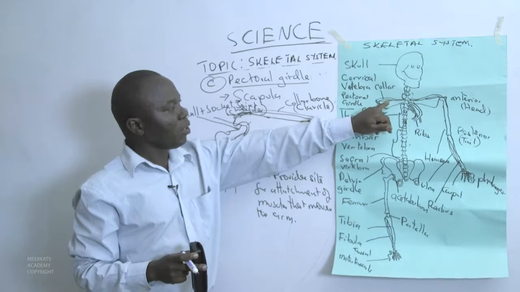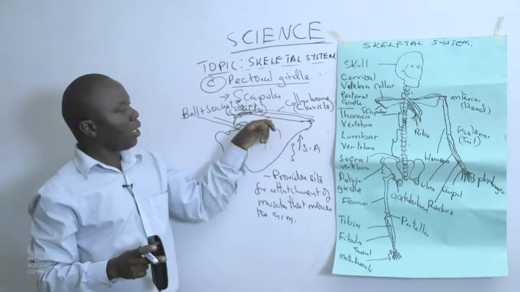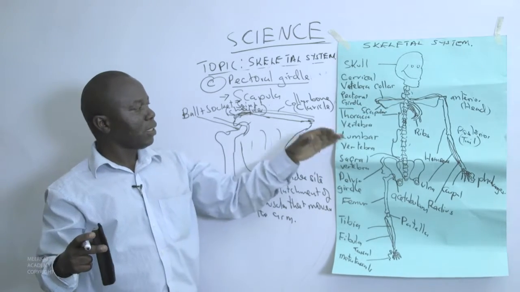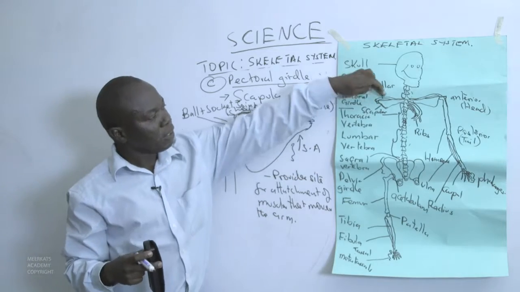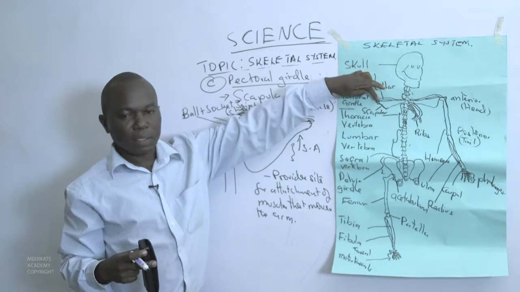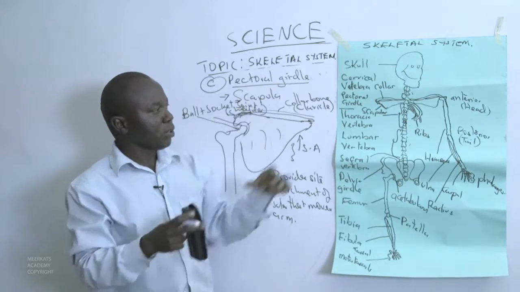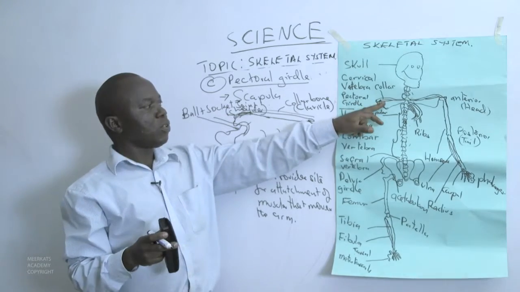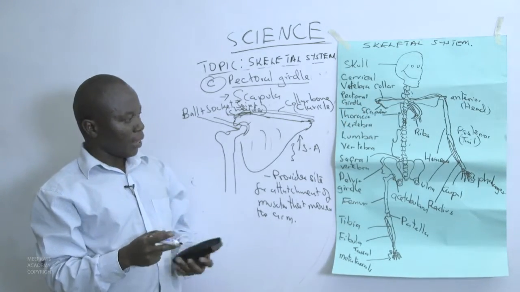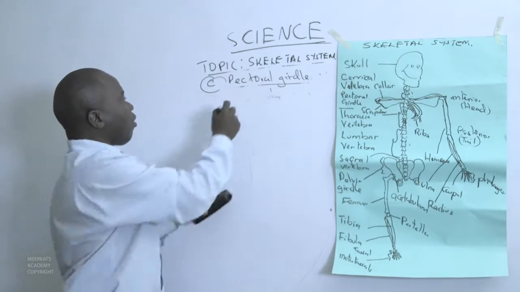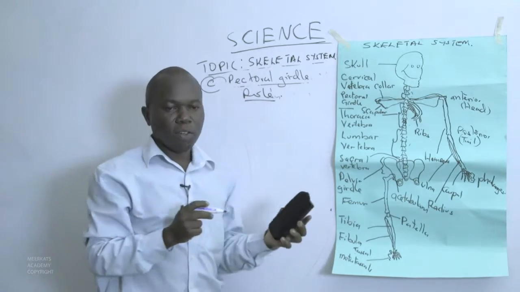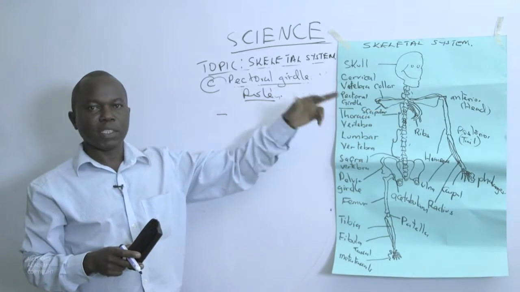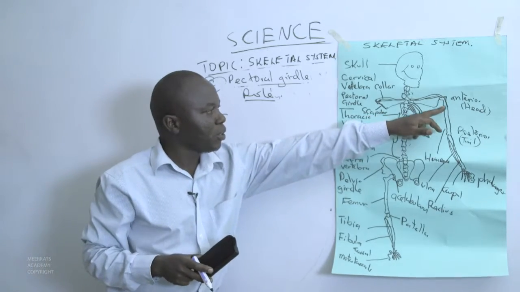The role of clavicle bone is to hold the scapula in position, because remember, it is usually large in size with a very high surface area, so it is the one that will be holding that scapula in position. We have some attachment there, the ligaments. The ligaments are those tissues that hold one bone to another. So in essence, the role of pectoral girdle is simply to provide a site for attachment of muscles that move the arm.